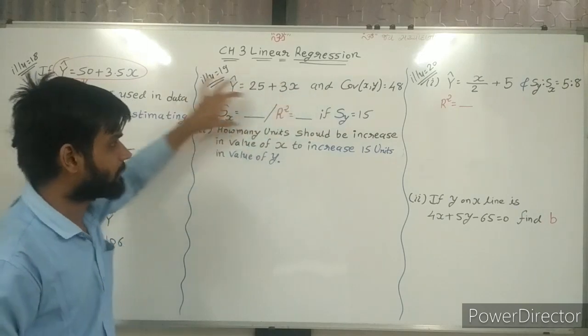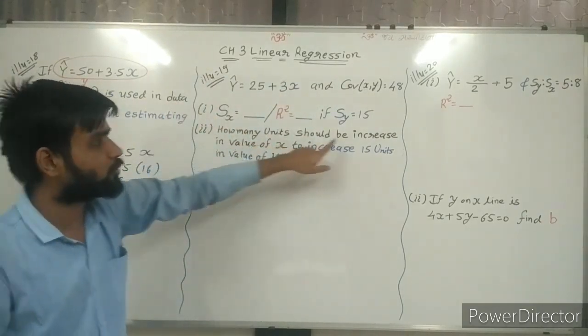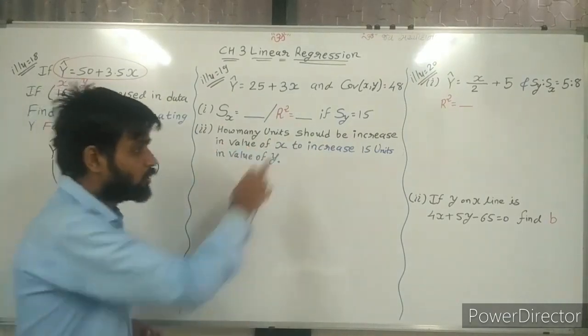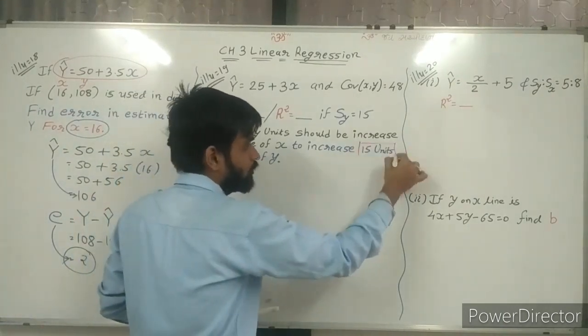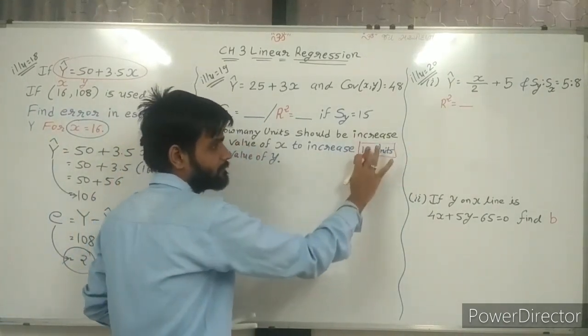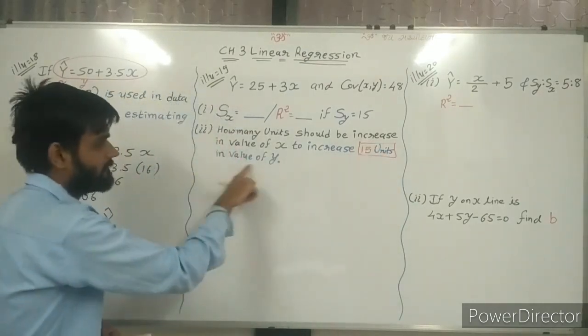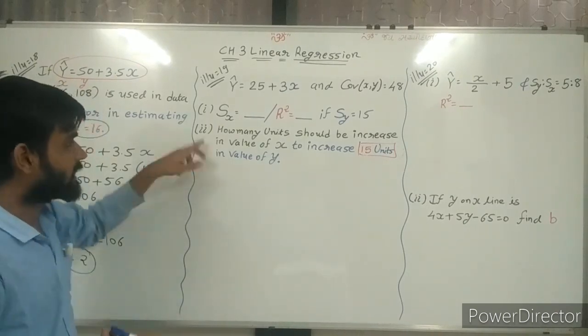So the first question is clear. Now what is the second question? How many units should be increased in value of x to increase 15 units in value of y? So this is my second question.